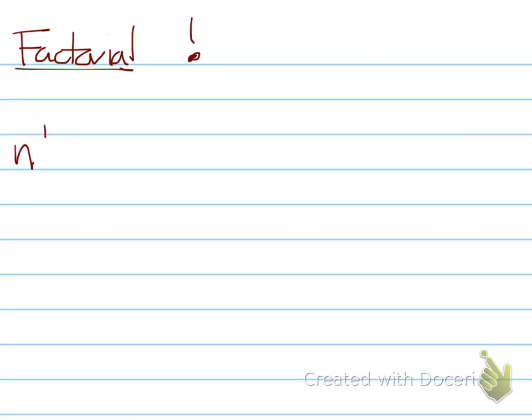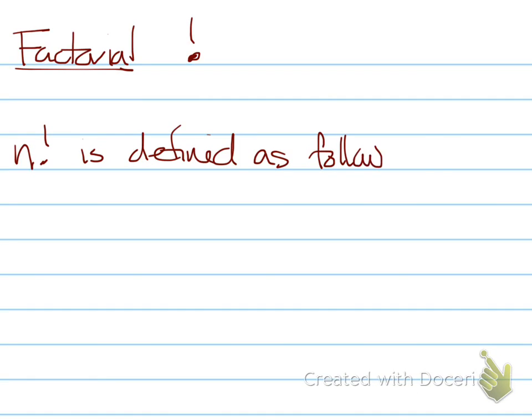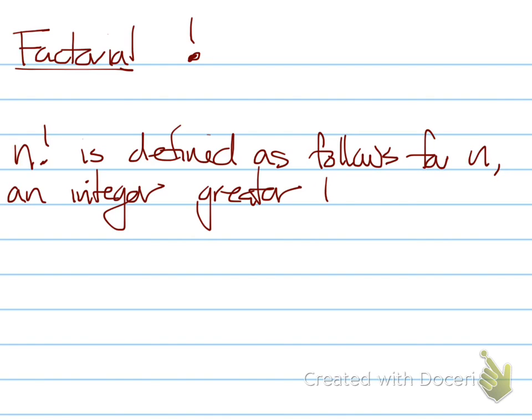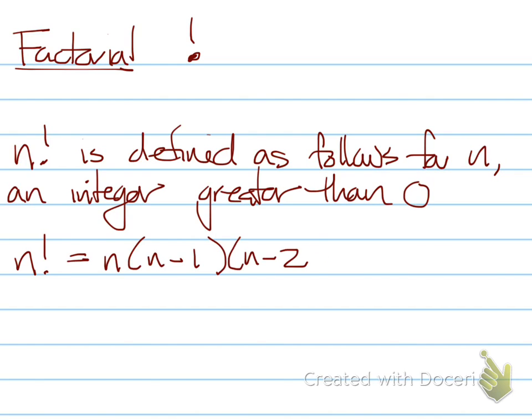Let's review what factorial is. N factorial is defined as follows for n, an integer greater than 0. N factorial is the product of n times n minus 1 times n minus 2 and so forth, all the way until you get to 1.